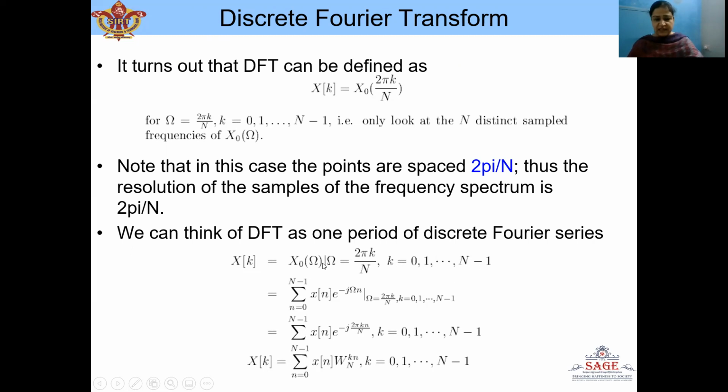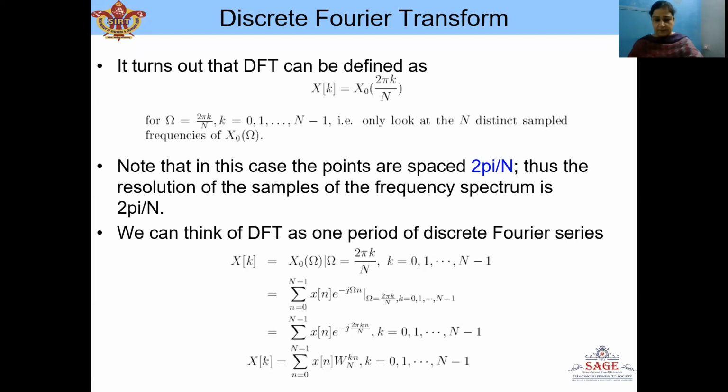When we represent this X(omega) by its formula, summation n equal to 0 to N minus 1 x[n] e to the power minus j omega n, and take the value of omega at the discrete instance 2 pi k upon N, we get a new formula: x[n] e to the power minus j 2 pi k n upon capital N.